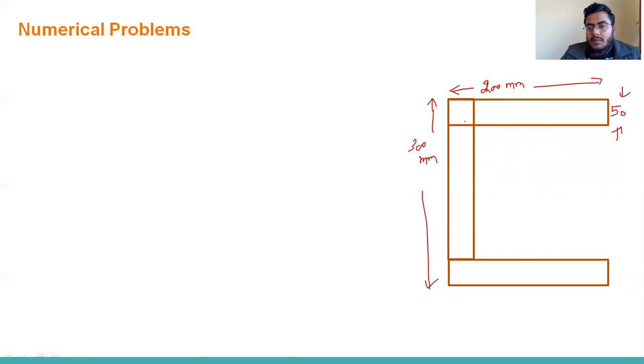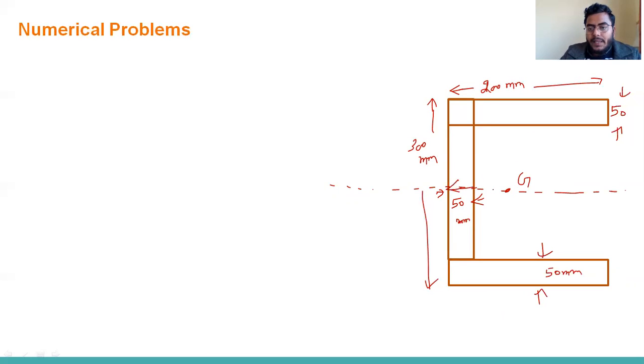It means this will also be 50, and this will also be 50. If I draw a line in between, due to symmetry the centroid will be somewhere on this line. Suppose G is the centroid for this area.